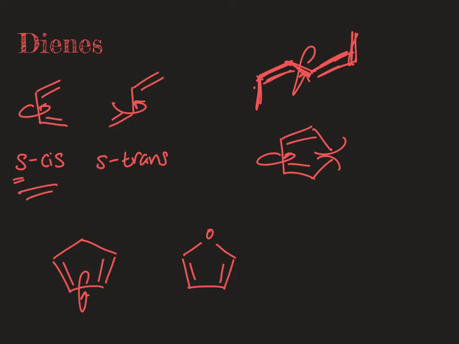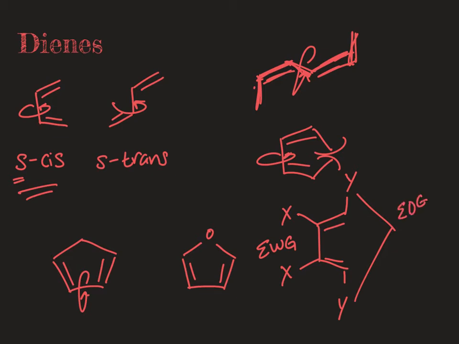Something else that will affect your diene reactivity is if you have substituent groups on the diene. If you have a group either here or here, you want that to be an electron withdrawing group. If you have it on the ends, you would want those groups to be electron donating.